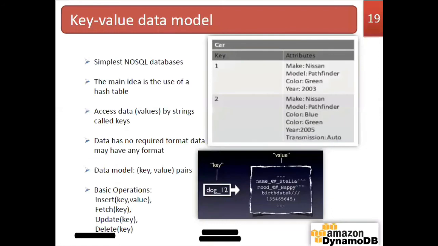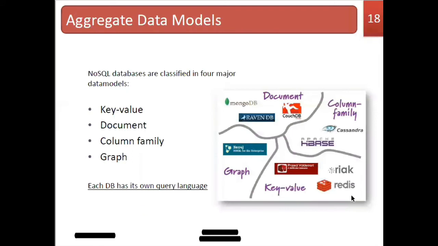The first one is the key value data model. As I said, whatever data you are going to save in NoSQL databases will be saved in the form of the key value data model. Here you can see Riak, Redis, and Project Voldemort.